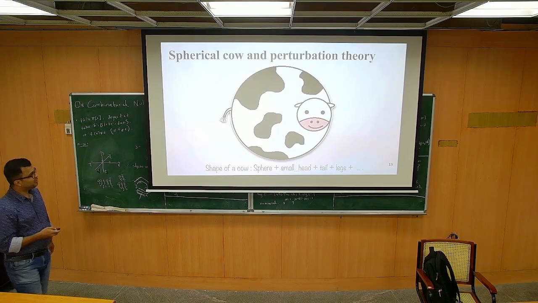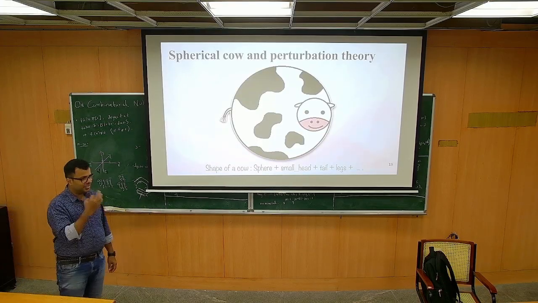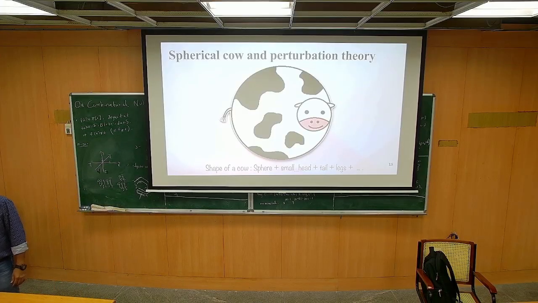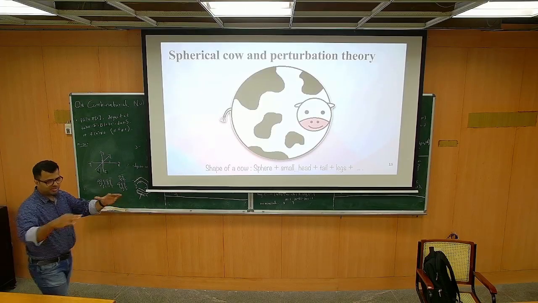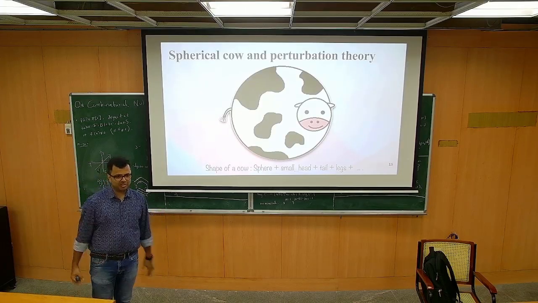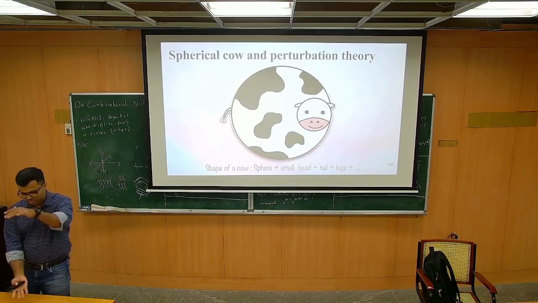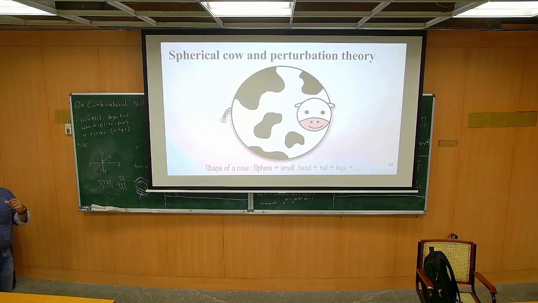Here I took the case of a spherical cow because this is something you may have heard of. But if you want a bit more physics inside, you can think of the shape of the Earth itself. You can think of Earth as a sphere, but it's actually not a sphere. There is some oblate or elongated structure. You can add those deviations from the spherical form as corrections.